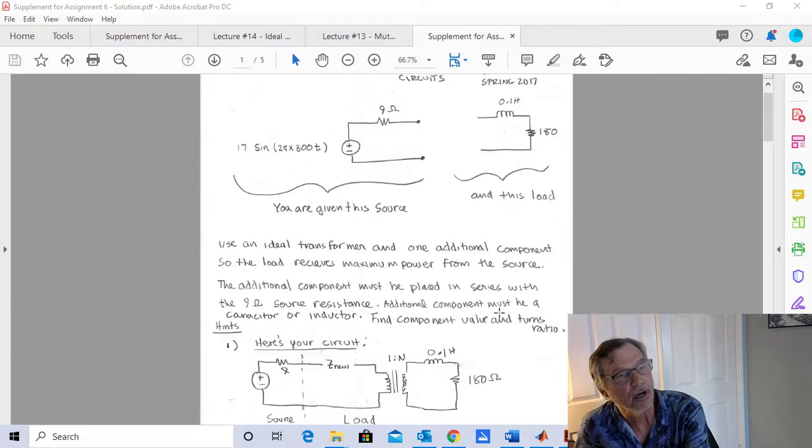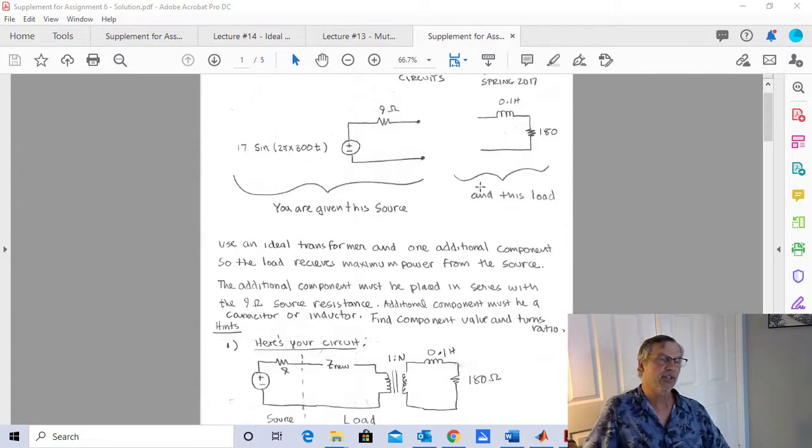Let's use the concepts to get us a little piece of information. For maximum power transfer, I know that I want a conjugate match. So if this looks inductive, in other words this is plus j something, I'm going to need a minus j something over here.